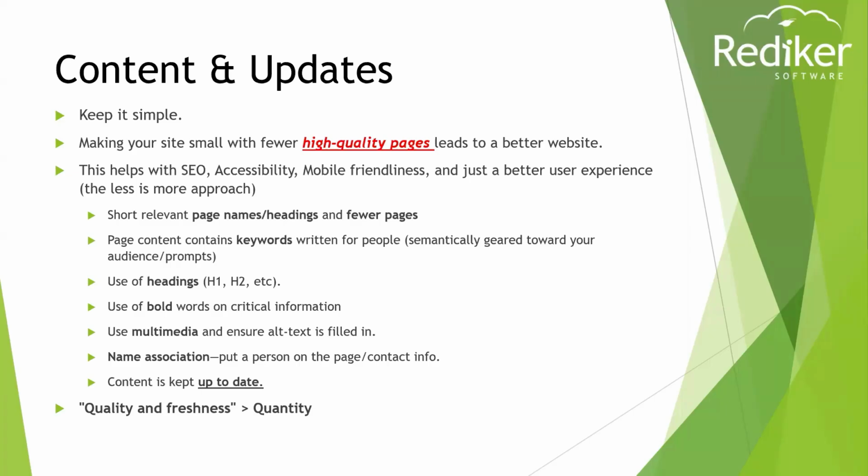I'm using all these words, but keep page names short and relevant and headings as well, fewer pages. And then page content, as Jas had pointed out, use those keywords, phrases written for people, semantically geared towards your audience. By the way, AI generally can pick up whether or not a site was written with AI. Although we do offer an AI tool to help improve your writing, don't use AI to write all of your content.